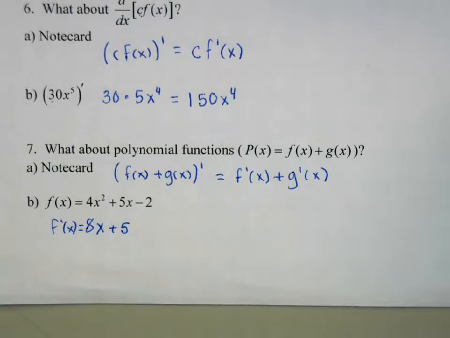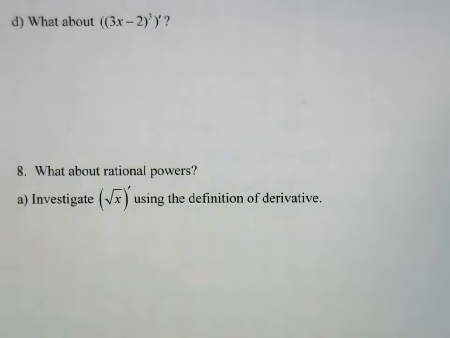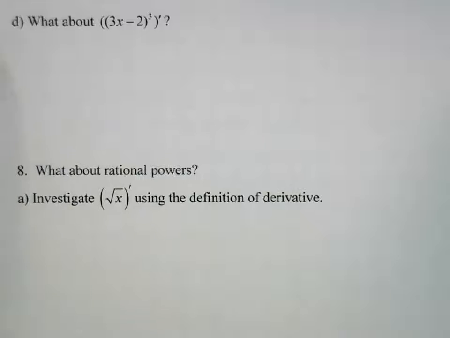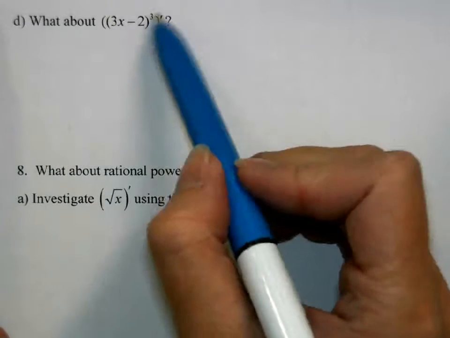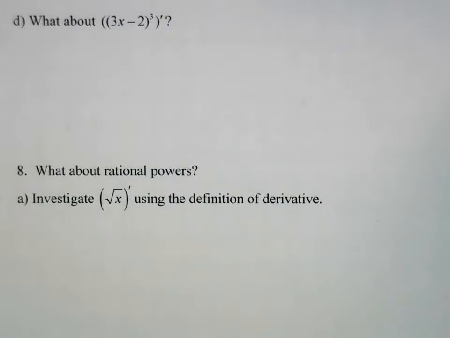Okay, what about 3x minus 2 cubed? So what we're actually going to have to do is expand it first, then we can apply the power rule. Because right now we've got a function inside of a function, which we will talk about later. So I'm going to expand this using binomial theorem again.